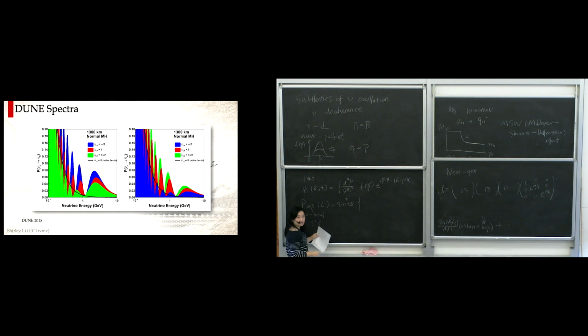But the second term, the one with delta m squared, changes. Now it becomes one half minus one half cosine of delta m squared L over 2E. So it's quite similar, but this term is multiplied by exponential of minus L over L coherence squared, and some other term that is not important.